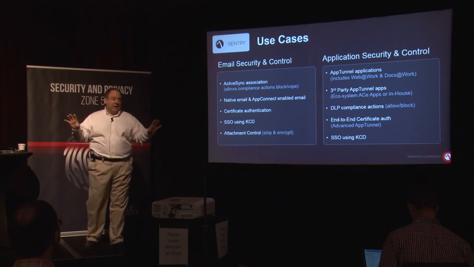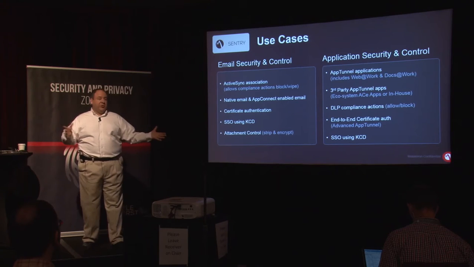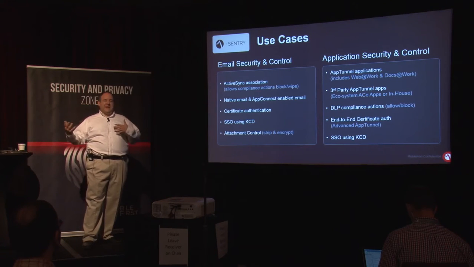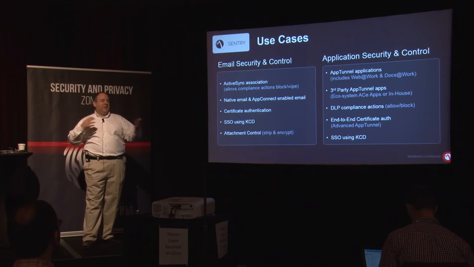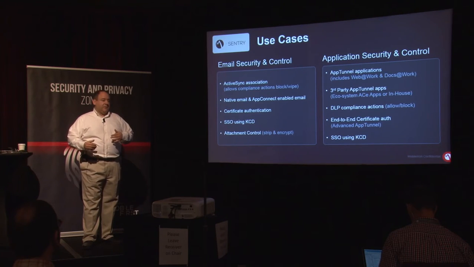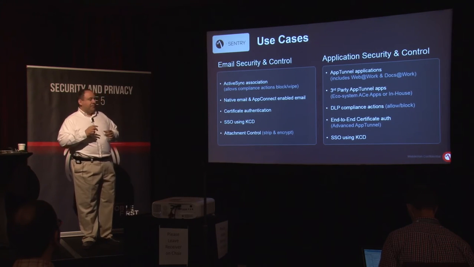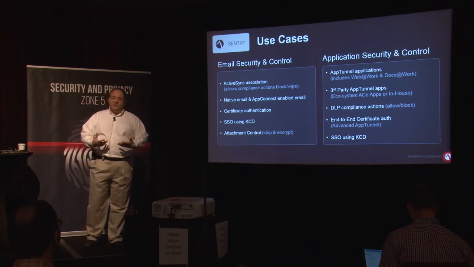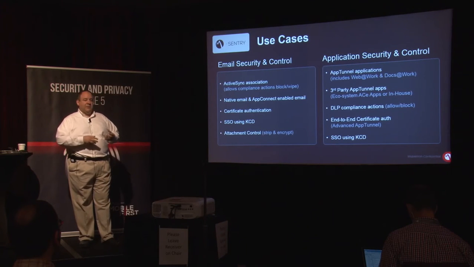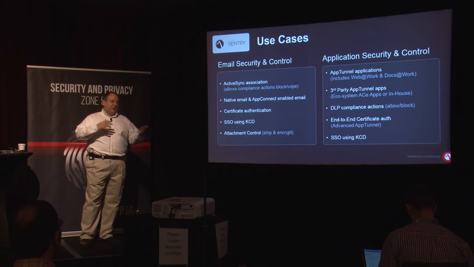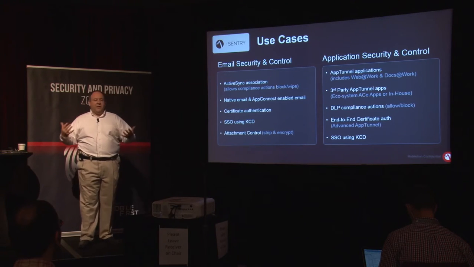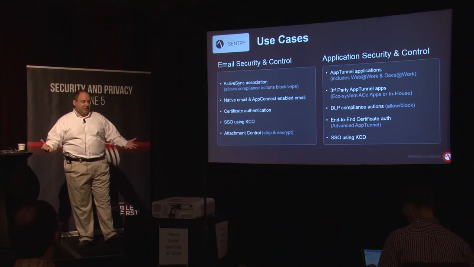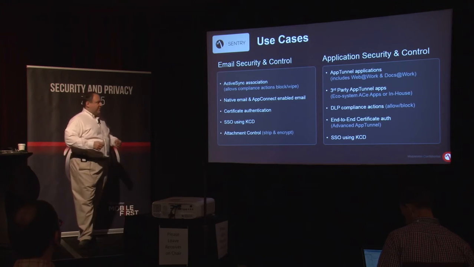Only App Connect enabled apps, which I think is pretty cool, so any App Connect enabled app is able to share data with another, or you can whitelist it. And if you whitelist it, that means if you're using native mail with your users instead of an ACE version, or App Connect enabled, you can whitelist that one app. You are introducing a certain level of risk, and that really depends on what your risk appetite is at your organization, but you can absolutely do that.